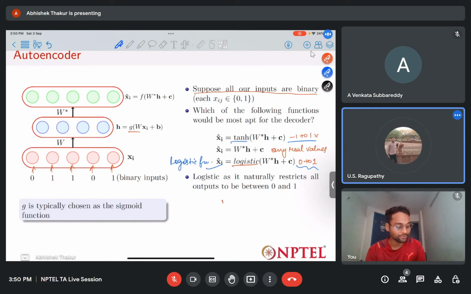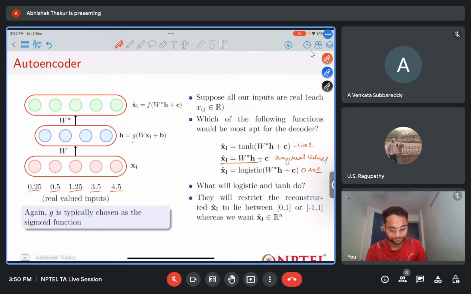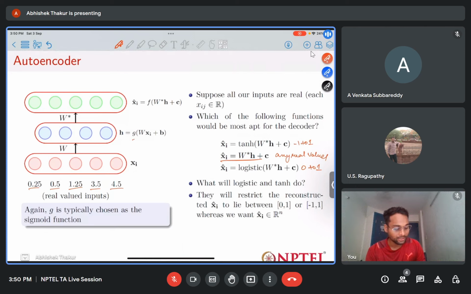The other gives any real value, so it is not appropriate. Here our input is 0 or 1 and the output is also between 0 to 1. And when the input is real, the linear function is perfect because it can give any real values. Logistic function will restrict the output from 0 to 1 and tan h will restrict it from minus 1 to 1. So the linear function is useful.